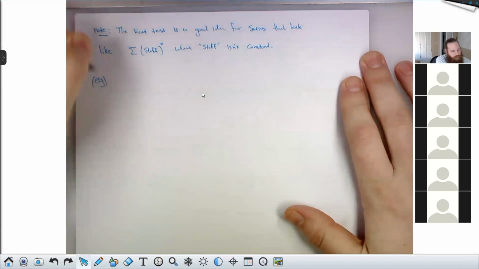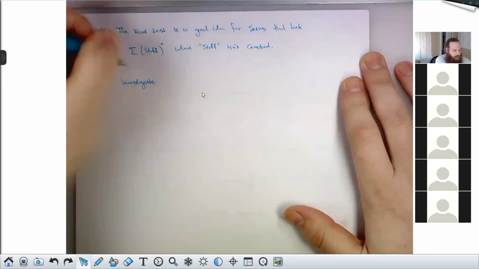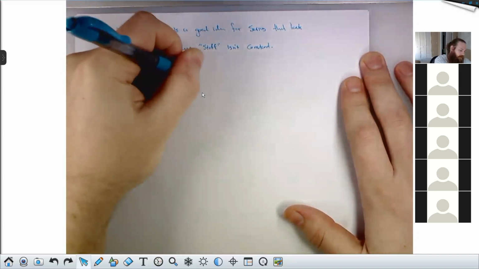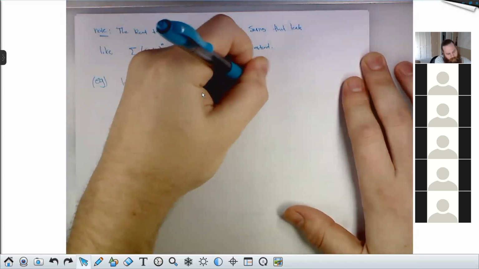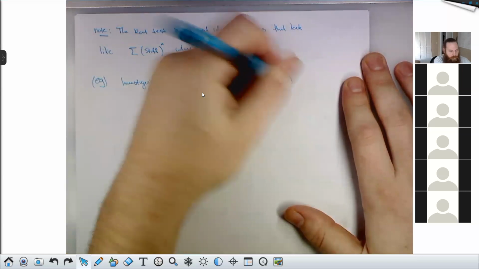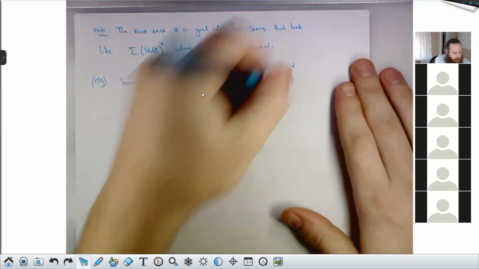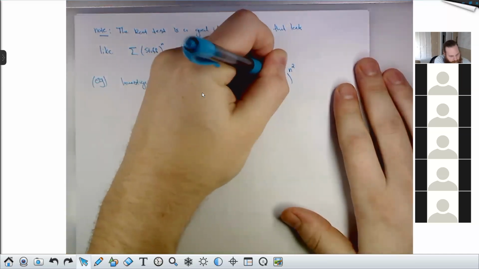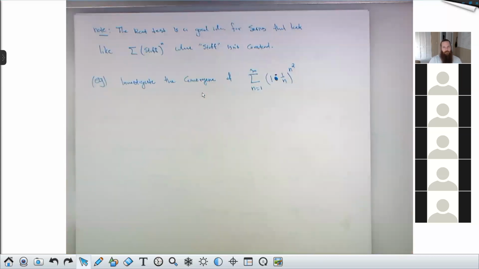I have a favorite example here. So let's investigate the convergence of sigma n from 1 to infinity of 1 minus 1 over n, all raised to the n squared power.